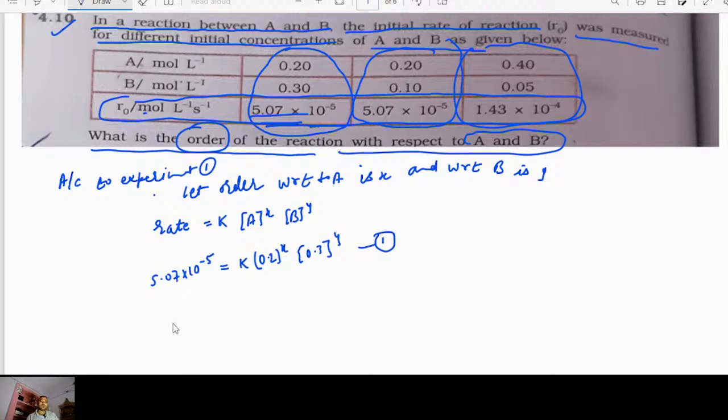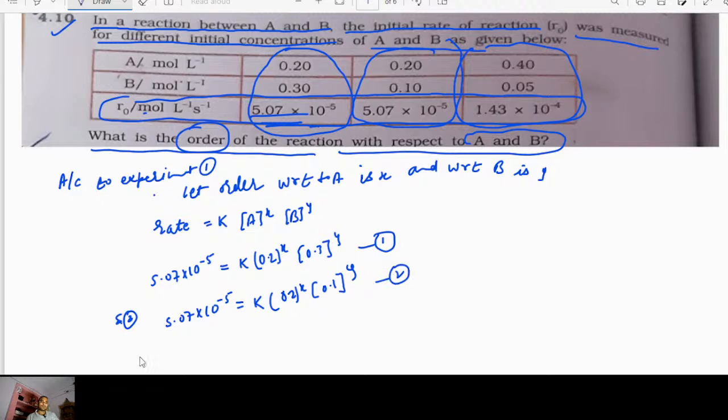This is equation 2. For R2, experiment 2, the rate is 5.07 into 10 power minus 5 equal to K. What is the concentration of A, 0.2 power x, and what is the concentration of B, 0.1, and here it will be y. So this is equation 2.